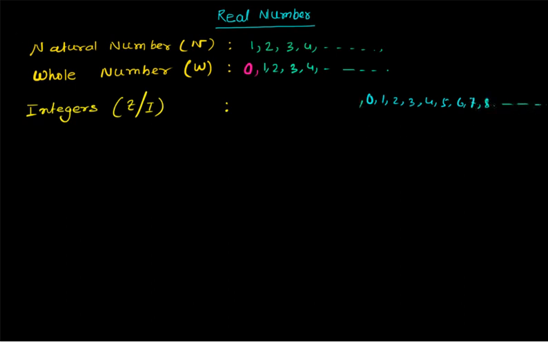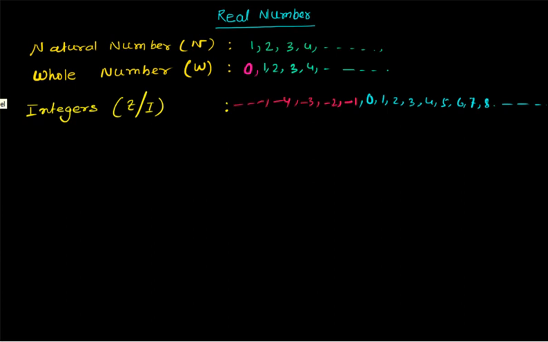But integers can be negative also, so the addition will be the negative of all the natural numbers: -1, -2, -3, -4 and so on. This side is positive infinity and this side is negative infinity. So that's about the integers.